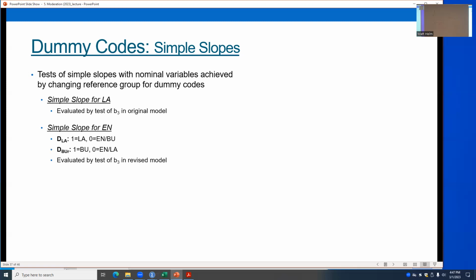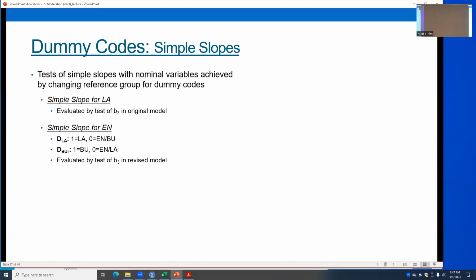Well, what I can do is I can just rerun my model. And so now I've got a dummy for liberal arts where 1 is liberal arts, 0 is engineering or business. And then a new dummy code for business where 1 is business and 0 is liberal arts versus engineering, right? I can't use my original dummy code. My original dummy code is business.